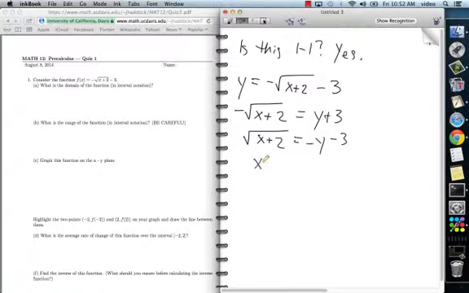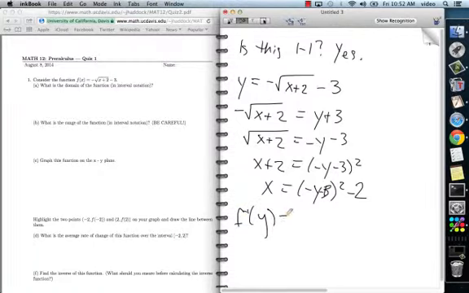Square both sides, negative y minus 3 squared, and then subtract 2. Minus 2. Okay, so f inverse of y is equal to negative y minus 3 squared minus 2. Okay, so that's my inverse function.